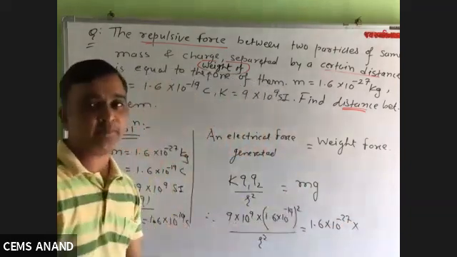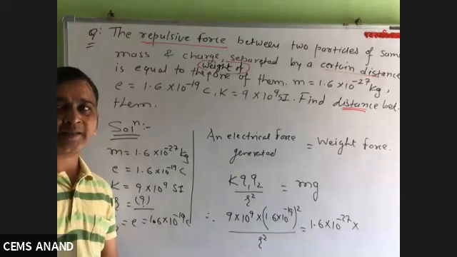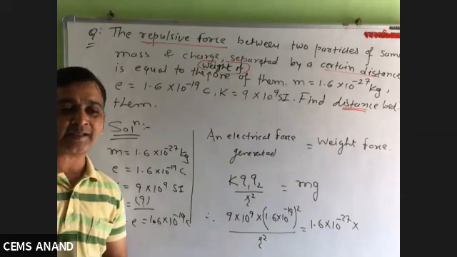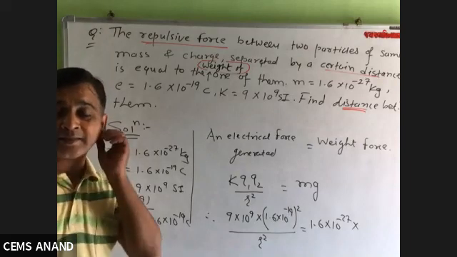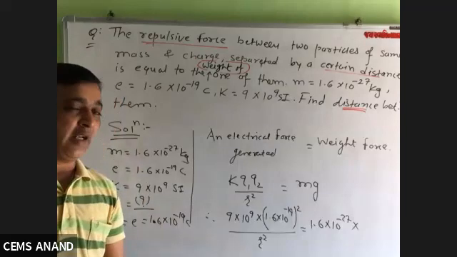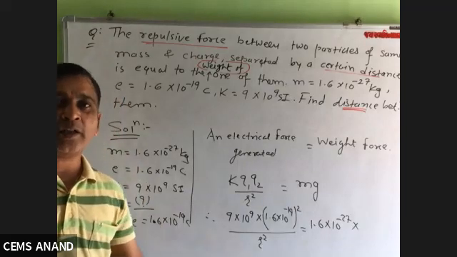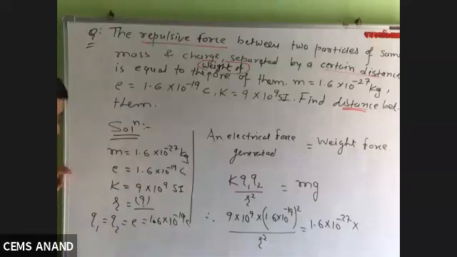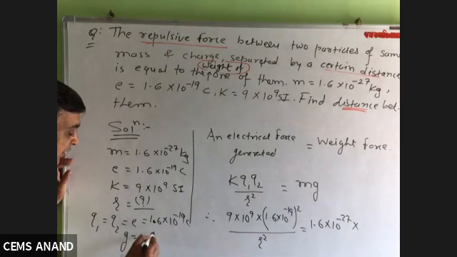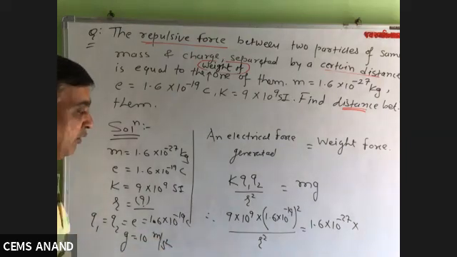And what is g? It's the gravitational acceleration. What is its value? It's 9.8. But in numerical problems it is generally given as 10 meter per second square. So let's use 10.